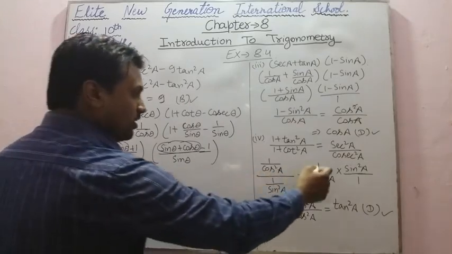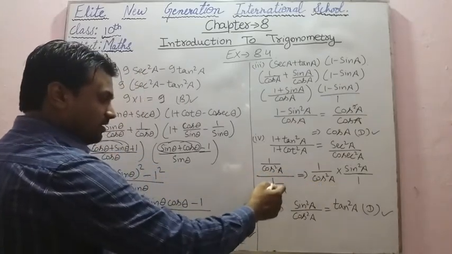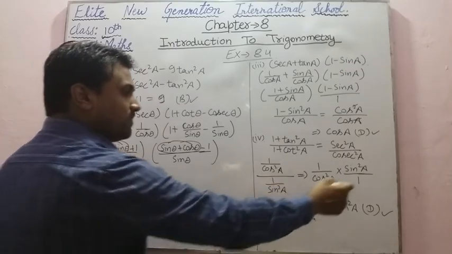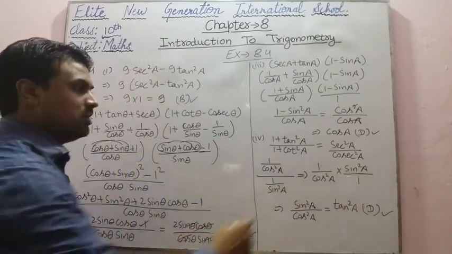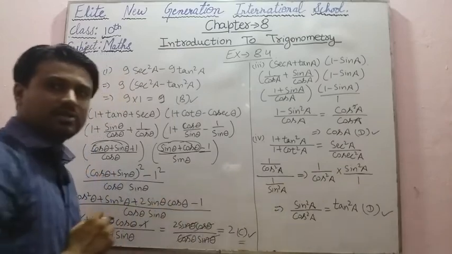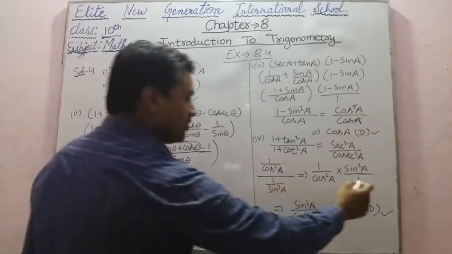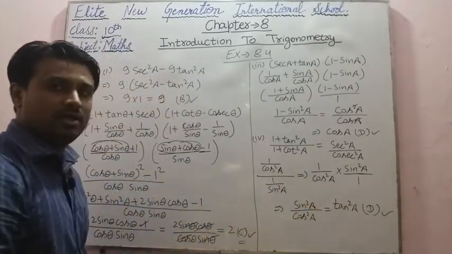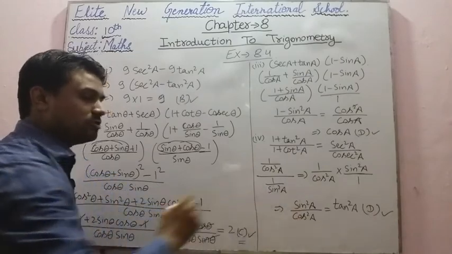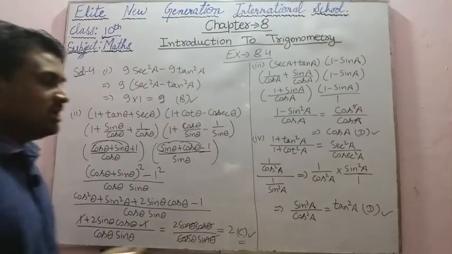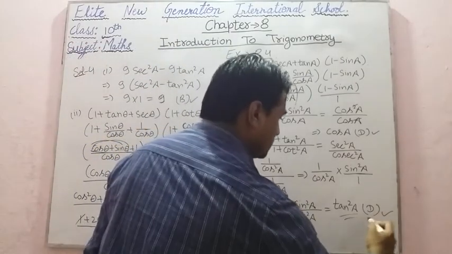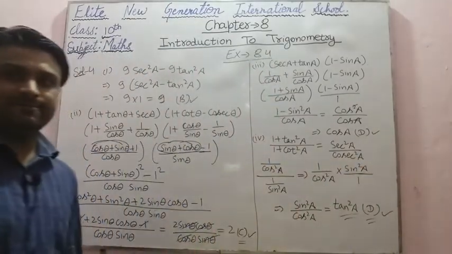So it will be 1 upon cos square a. By using its reciprocal, it will be sin square a upon 1. So 1 into sin square a will be sin square a, and cos square a into 1 will be cos square a. So here sin square a upon cos square a will be tan square a. So here the answer will be tan square a. So option D is correct.